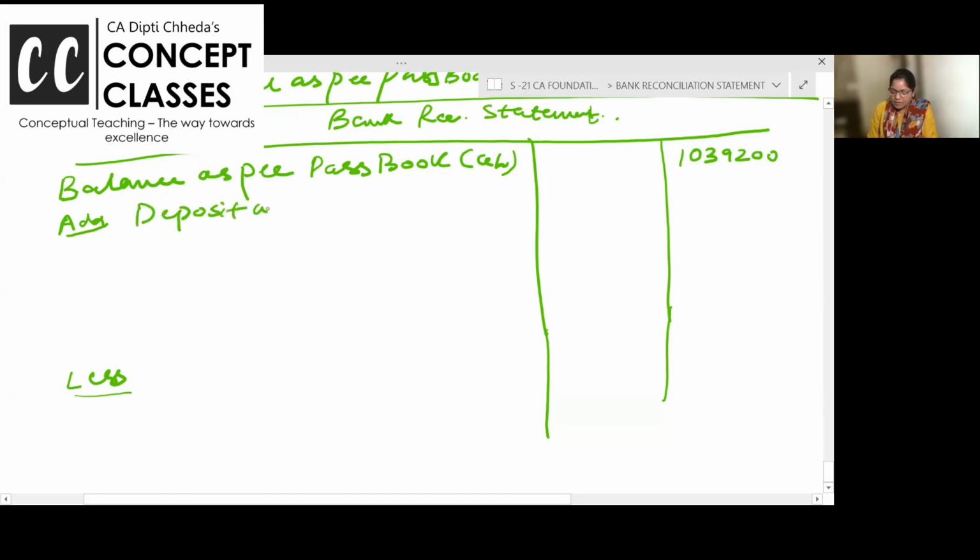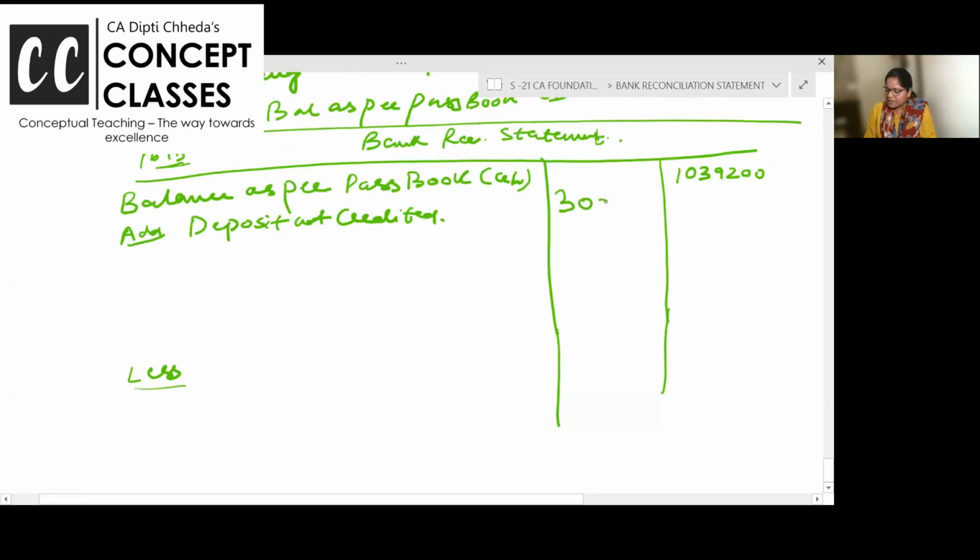Deposit not credited, so now you credit and it's already a credited credit, so now what you will do, add 309200. On 30th of March, the company had entered into a hire purchase agreement to pay by bank order a sum of 3 lakh on 10. ठीक है?